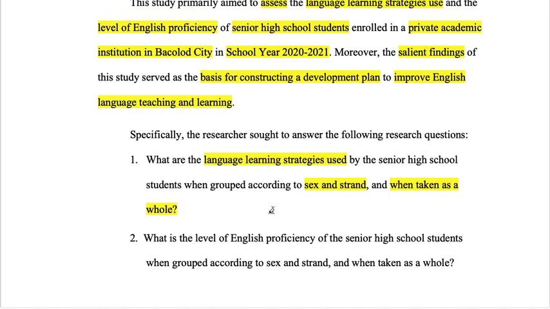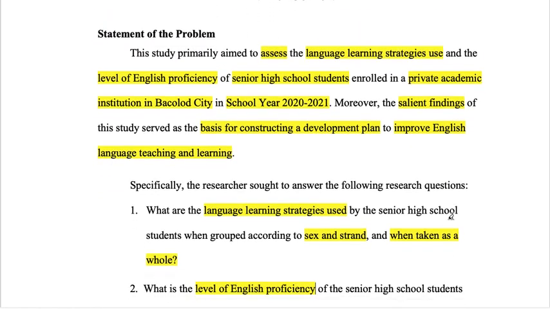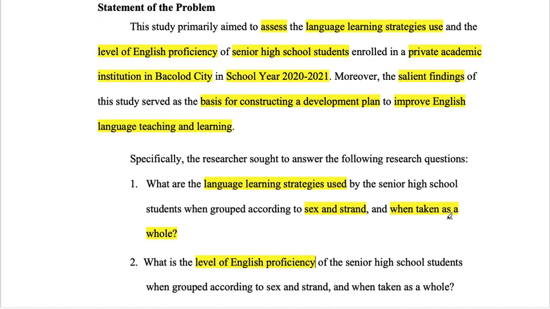Next, do the same with the level of English proficiency. Ask what is the level of English proficiency of the senior high school students when they are grouped according to sex and strand and when taken as a whole. So this is a very good example of a statement of the problem, class. So you have to follow this one in constructing your own statement of the problem and research questions.